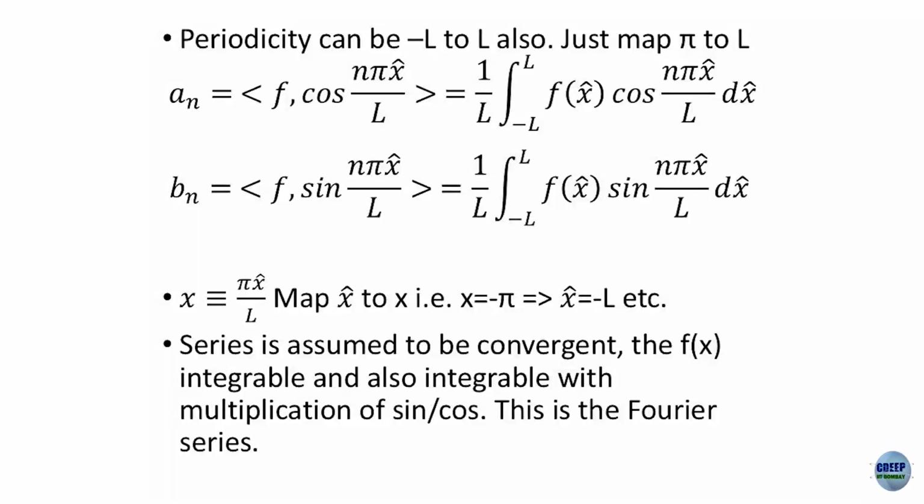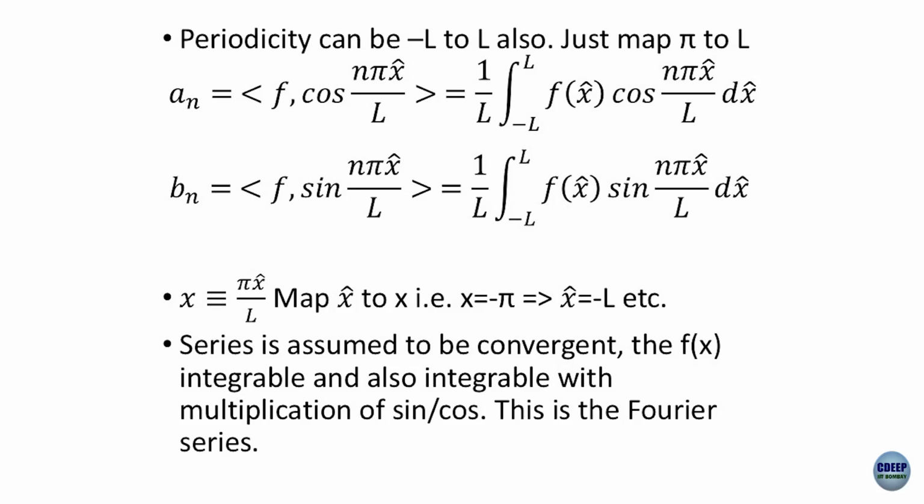And the periodicity does not need to be minus pi to plus pi. It can go from minus L to plus L. And you can just map the x to some dummy x star and say that you are going to go from 1 by L, minus L to L, f(x) cos n pi x by L dx.